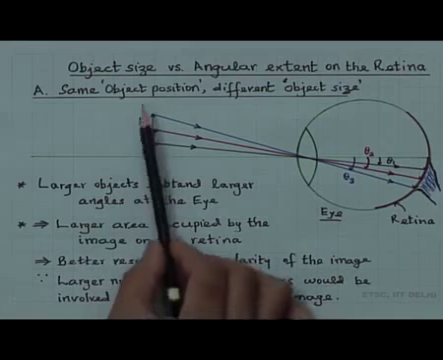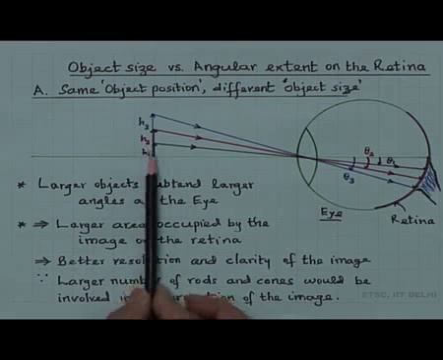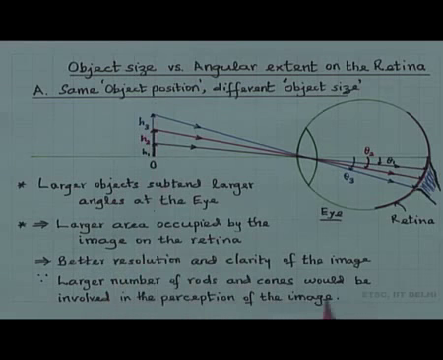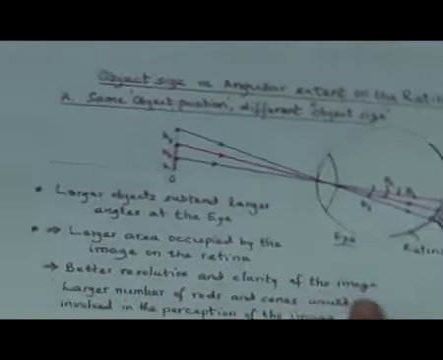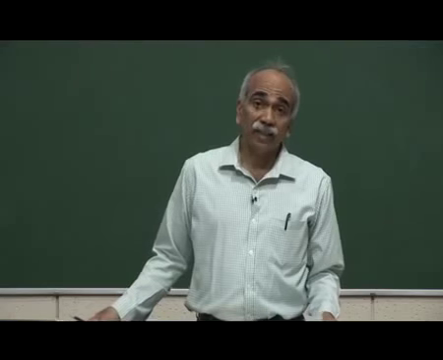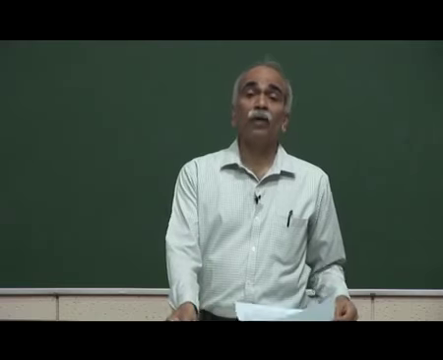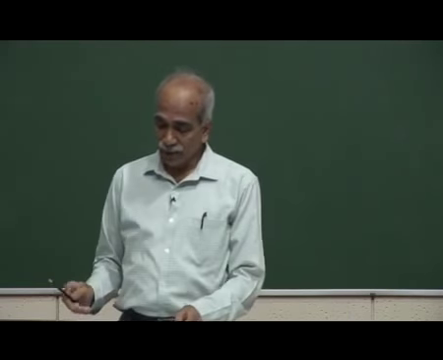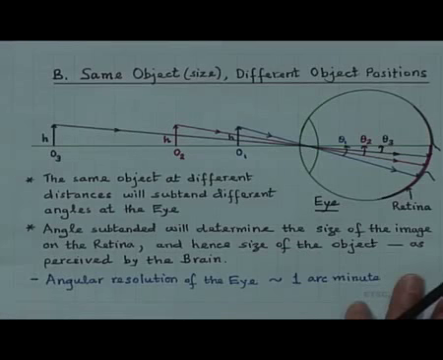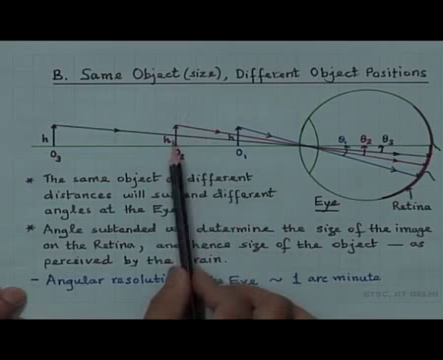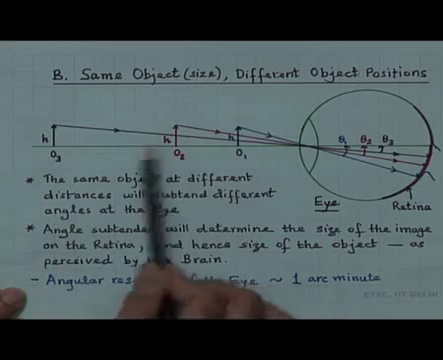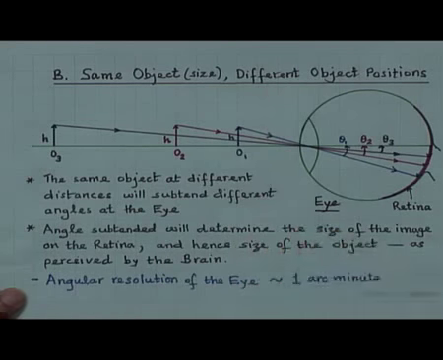Now, first I have considered the same object position and different sizes. Now, let us see the same object size, but different object positions. What is the effect? Here, same object, therefore, the size is the same, but different object positions.